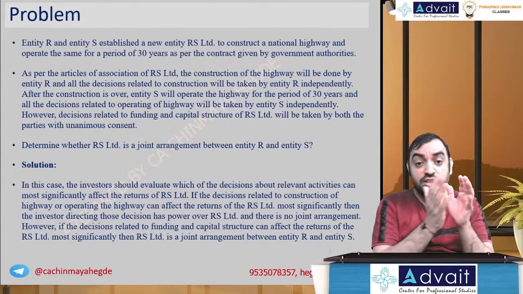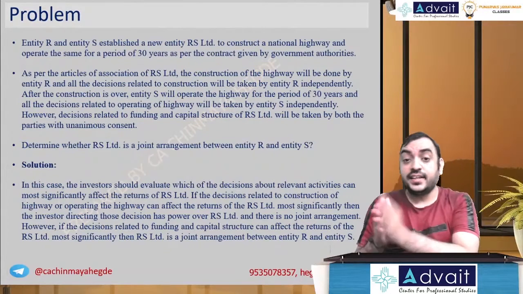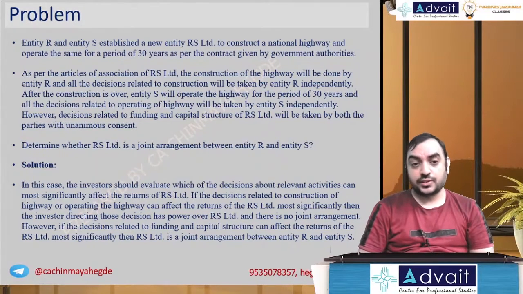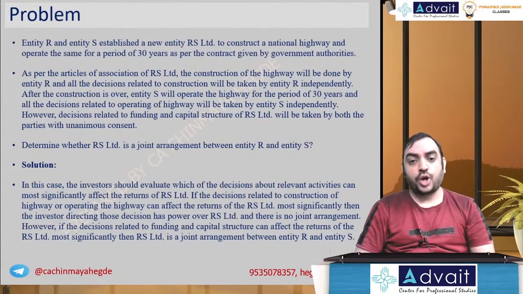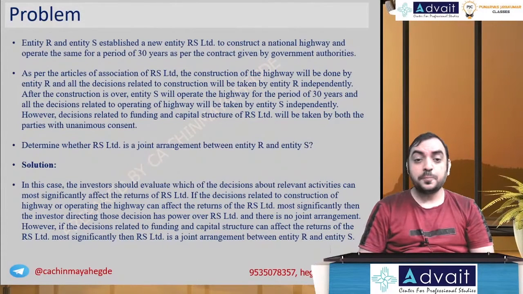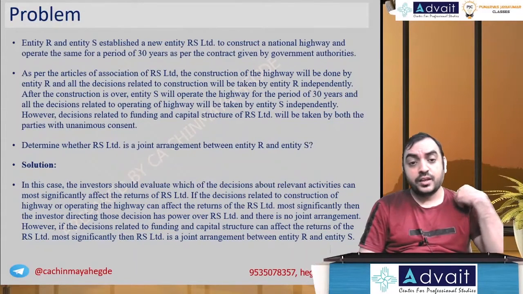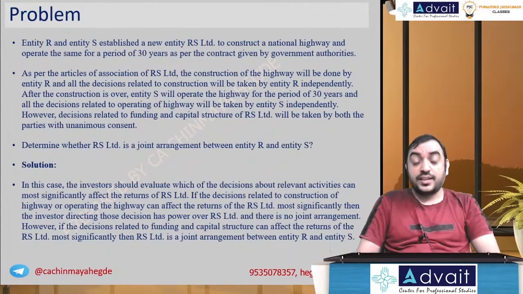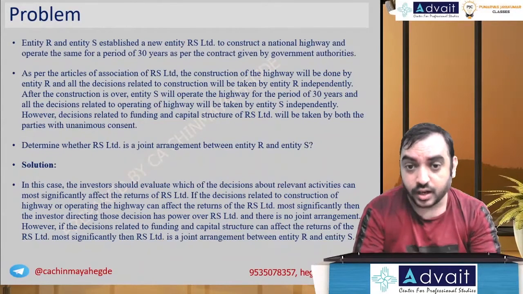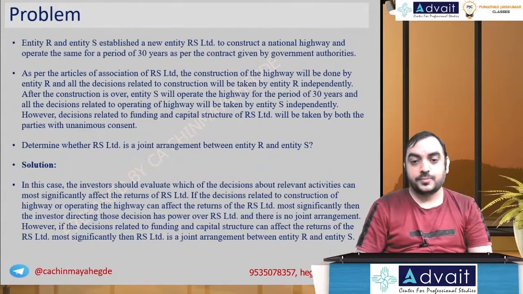All the decisions relating to the operating of the highway will be taken by entity S independently. However, the decisions relating to the funding and the capital structure will be taken by both the parties with unanimous consent. Determine whether RS Limited is a joint arrangement between R and S.